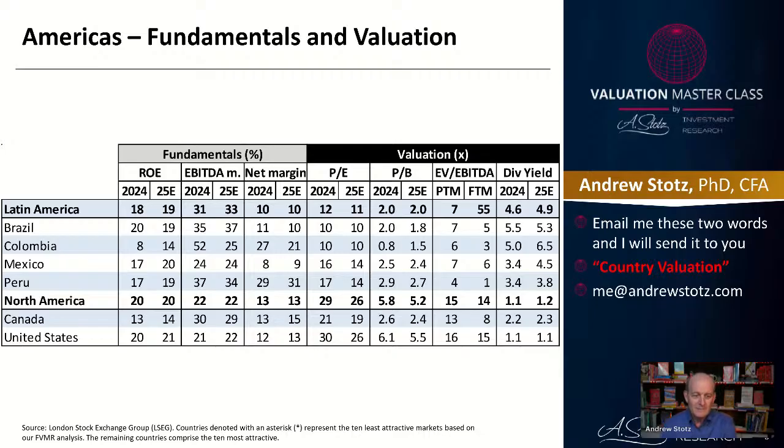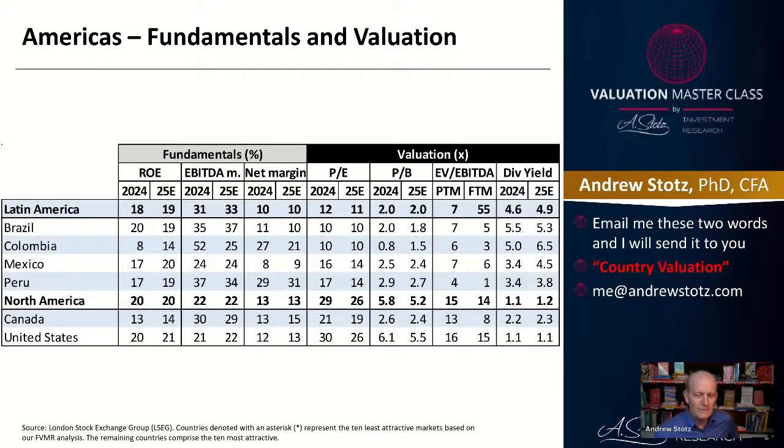Colombia, 6.5% dividend yield. There's an important thing to understand about dividend yield, though: a high dividend yield also has to compensate for inflation, and Latin America tends to be an inflationary environment. Therefore, there is an inflation component inside that dividend yield, so just be careful there.